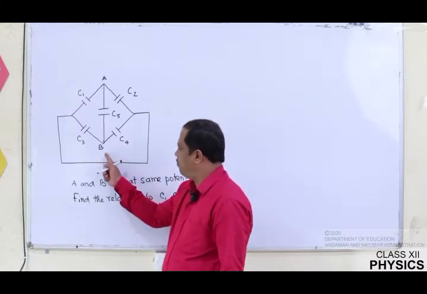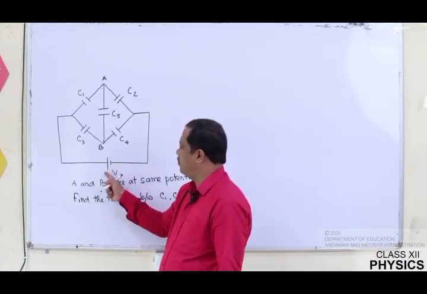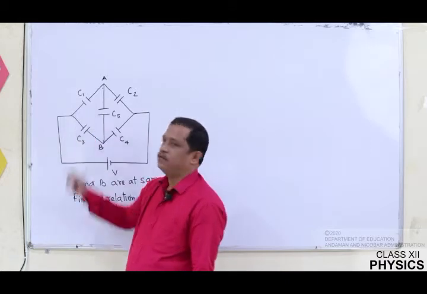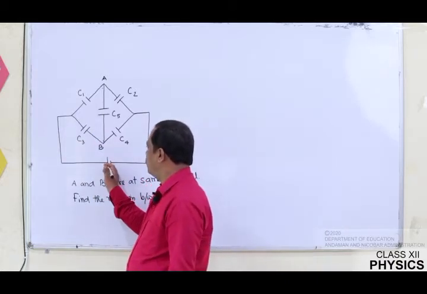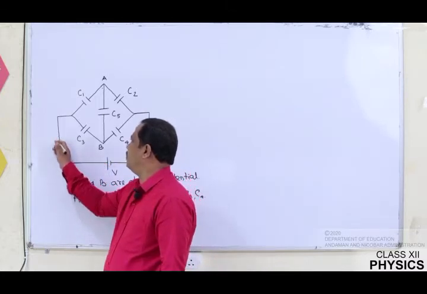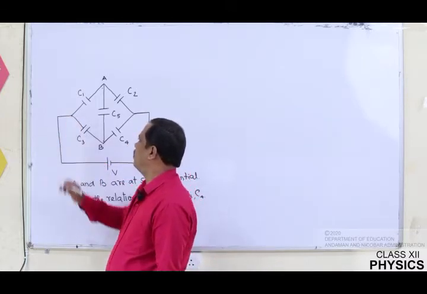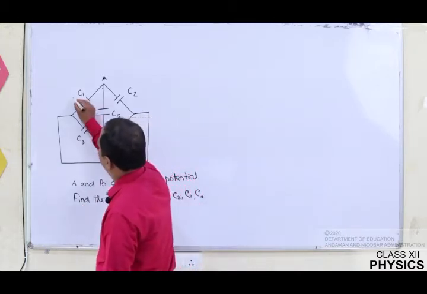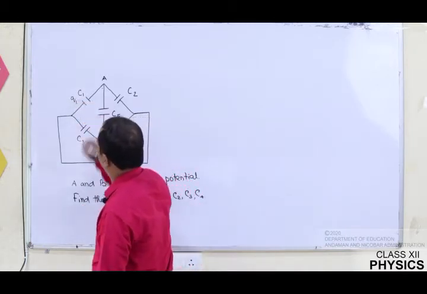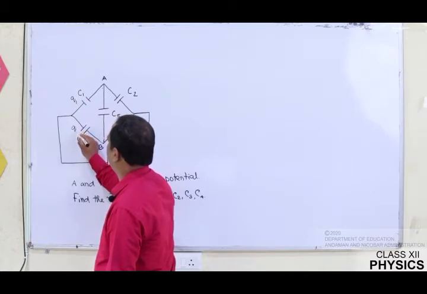See, here we have a source of EMF. This is going to charge the capacitors. In that case, let me assume that the charge is flowing from the positive terminal and comes over here, and let me say this capacitor gets a charge of Q1 and this capacitor gets a charge of Q2.